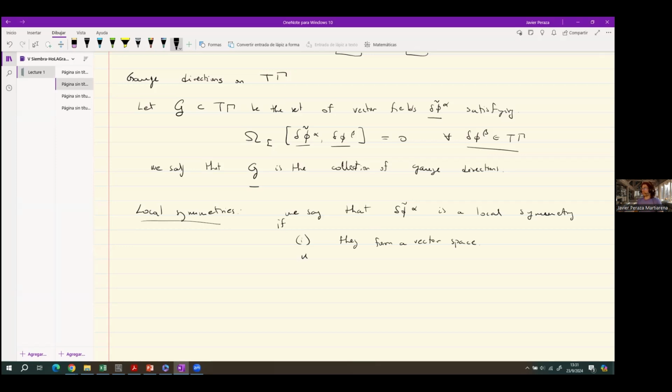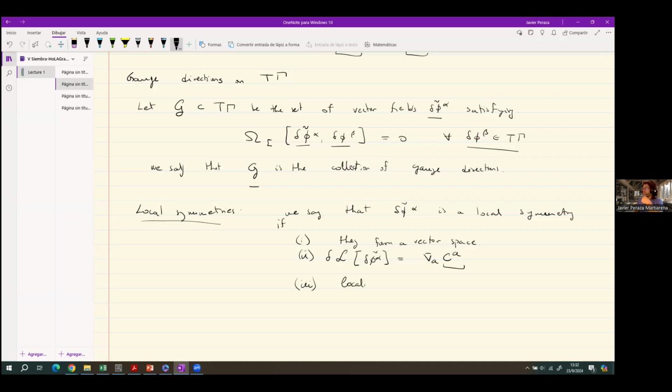Second, that if we compute the exterior derivative of the Lagrangian and evaluate it at this delta alpha, this will give us some divergence term. So this is a codimension 1 object associated to this local symmetry.